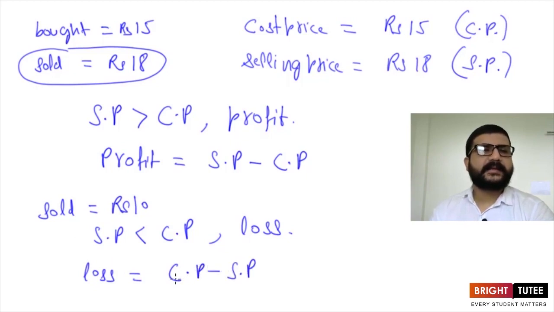That is the amount at which we bought minus the amount at which we sold the item. So it is cost price minus selling price. Profit is selling price minus cost price and loss is cost price minus selling price.